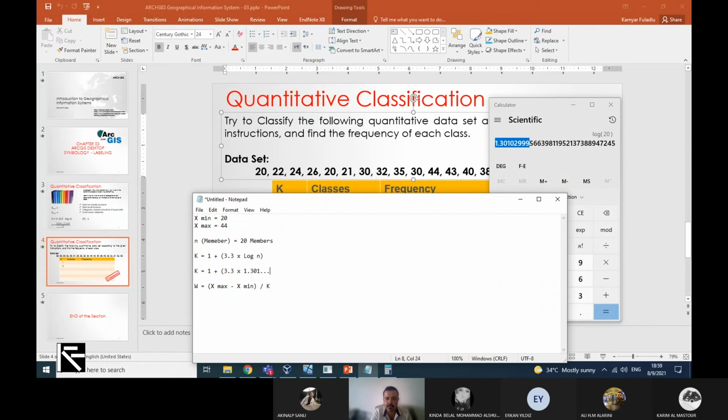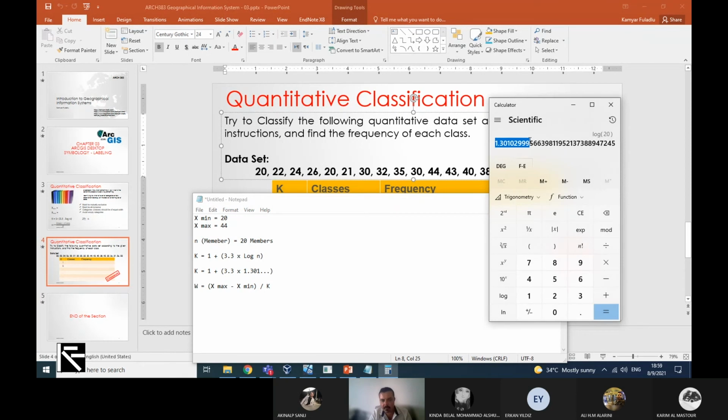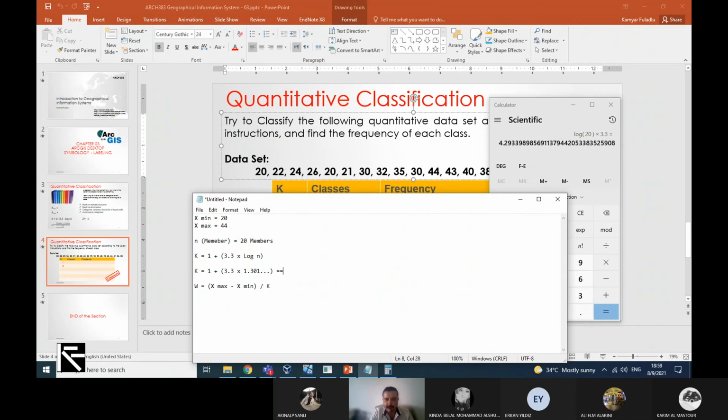The rest is not important for us. Now you need to multiply this number by 3.3. It is equal to 4.2 something.